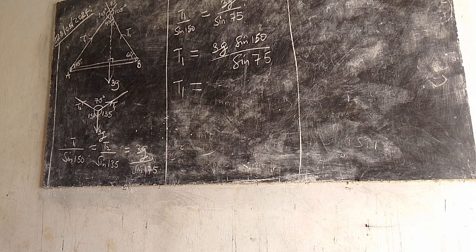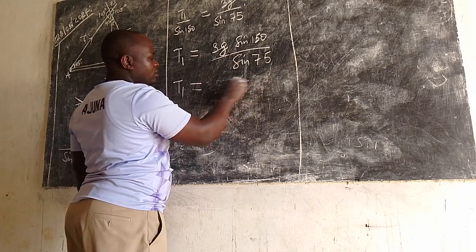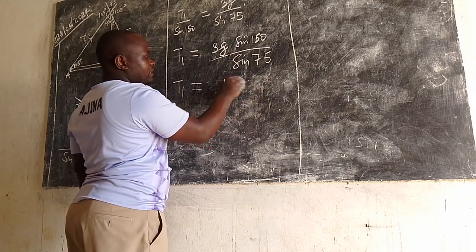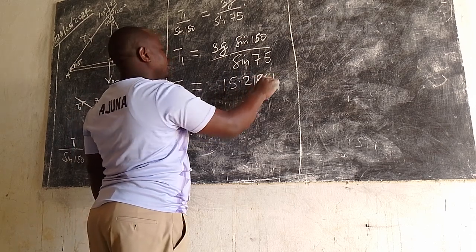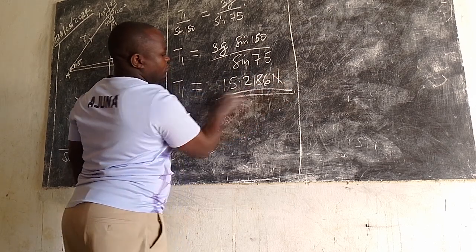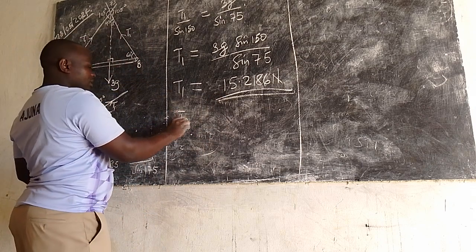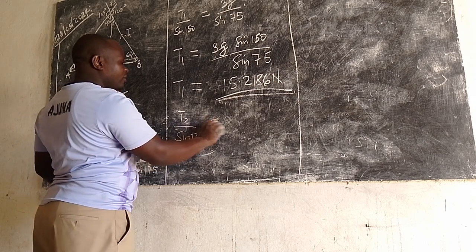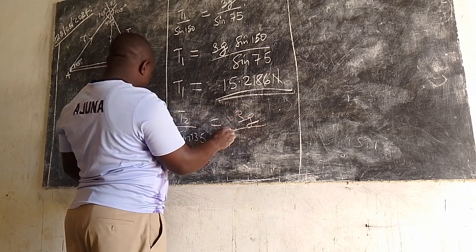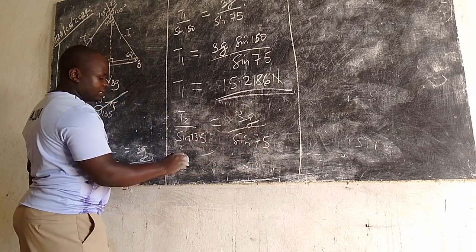The answer is 15.2186 newtons. Then, by the same reasoning, T2 over sine 135 is also 3G over sine 75.